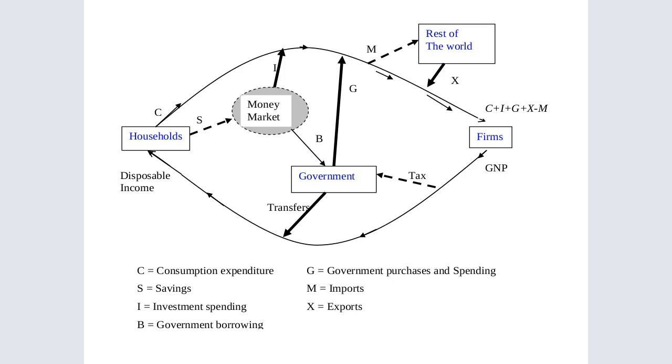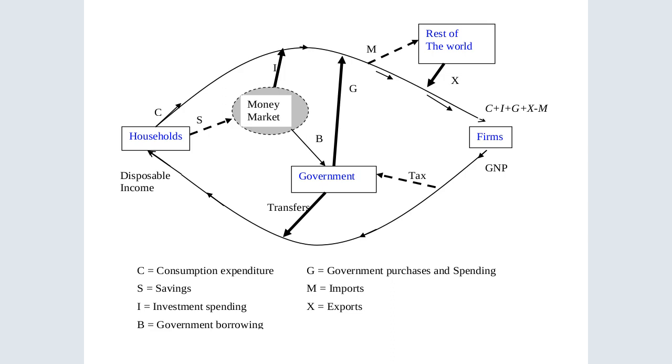So if you look at taxes, for example, taxes simply escape from the circular flow of income. Look at savings. Whatever you save, you don't spend it. So it escapes from the circular flow of income.